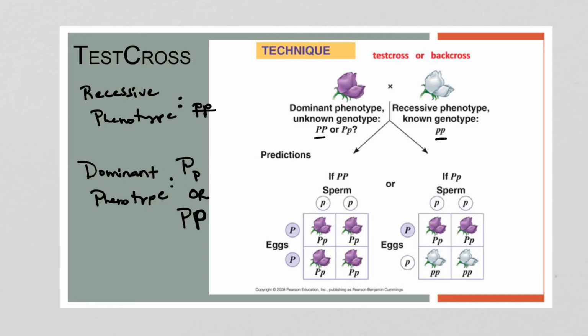You really could, if you knew for sure that another plant was homozygous dominant, that would work too. But usually recessive genotype is used in a test cross because you know just by looking at the organism that it is indeed recessive for both alleles for that particular gene.